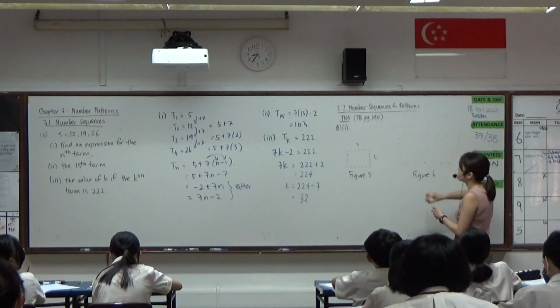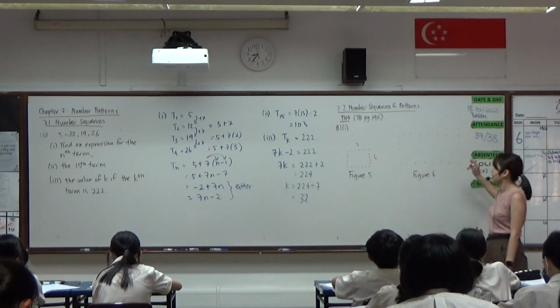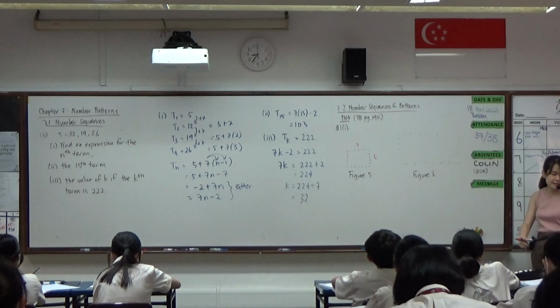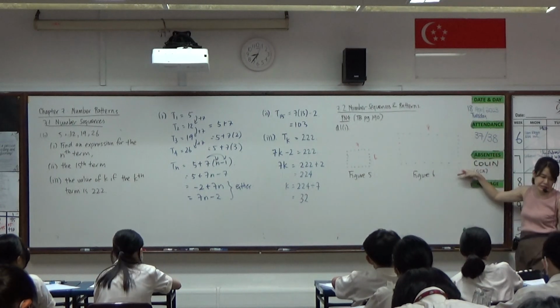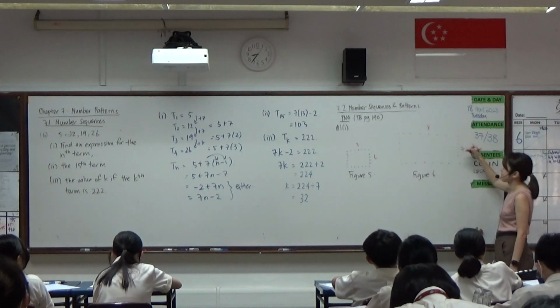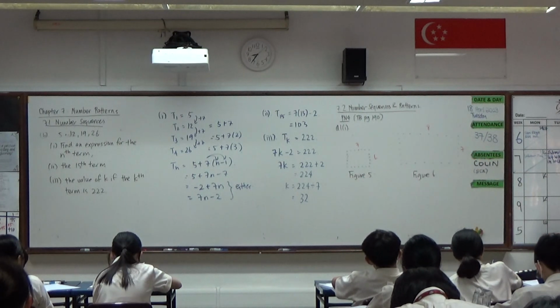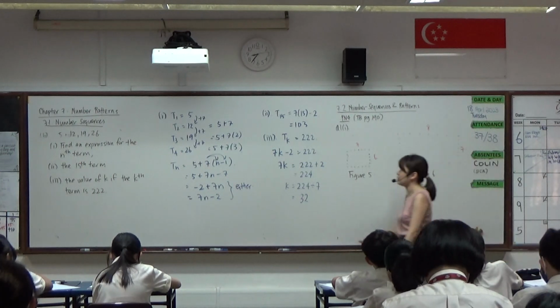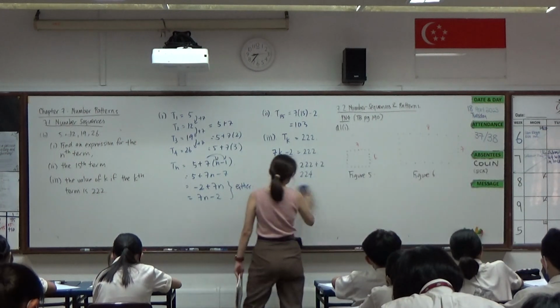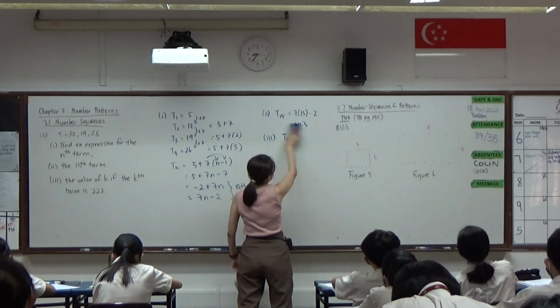So 7 dots by 6 dots. Then in figure number 6, there should be 8 dots across, and vertically we should have 7 dots. Please draw that out. You are expected to draw when you are given figures or other number patterns that involve figures.